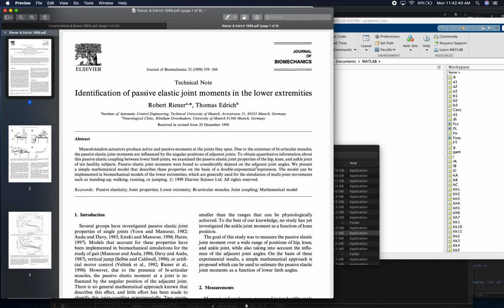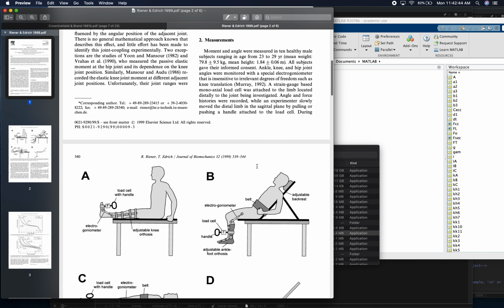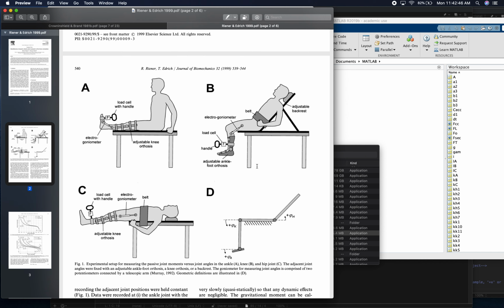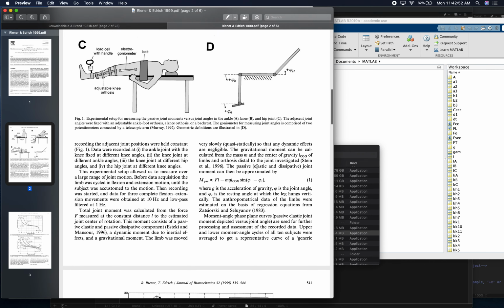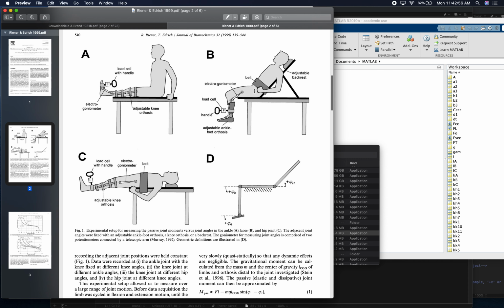They did this at the hip joint, at the knee joint, at the ankle joint. In particular here, at the set of different postures of the joints that they measured here, they were accounting for the fact that some of the muscles in the leg cross multiple joints, or some of those muscles are what we call biarticular muscles that span two joints.